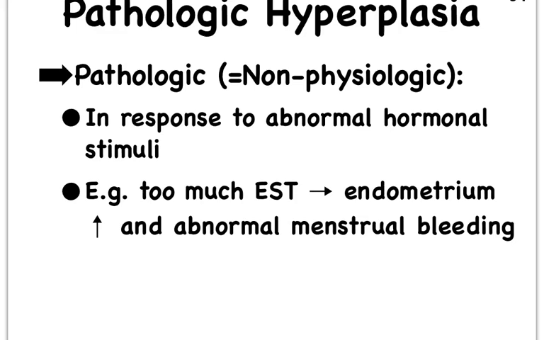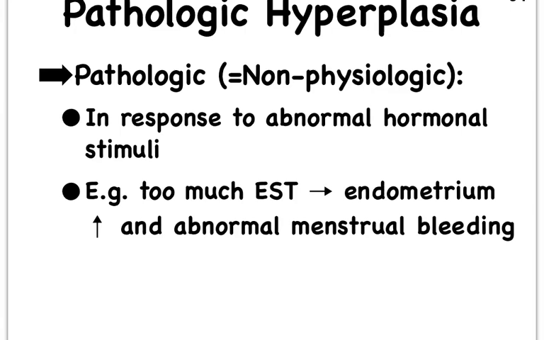Now, we saw pathological forms of hypertrophy, and we see pathological forms of hyperplasia. In this case, we see hyperplasia occurring in response to abnormal hormonal stimuli.